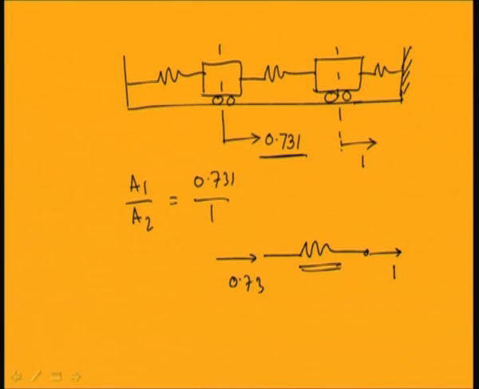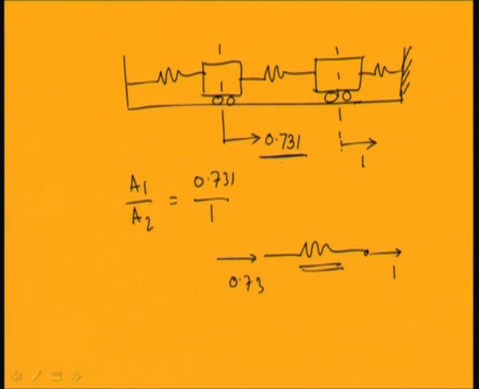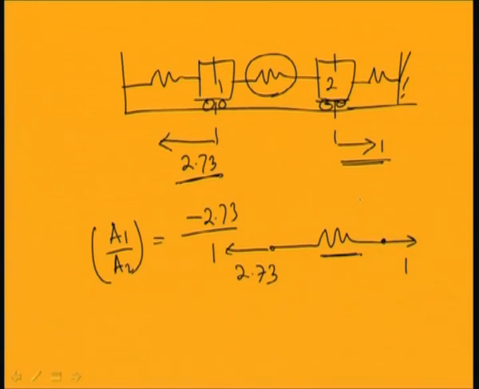In this case the spring is compressed, and in the other case the spring is in tension. So, in the first case both the masses are in phase, moving in the same direction. In the second case both the masses are out of phase, that is, when one is moving towards right, the other is moving towards left. So, this is the normal mode.